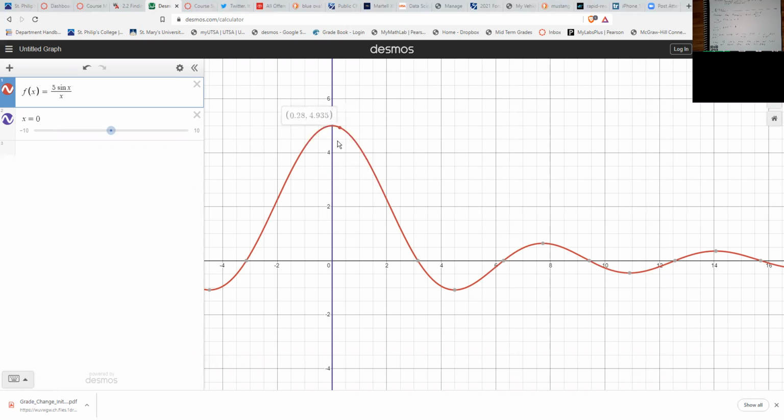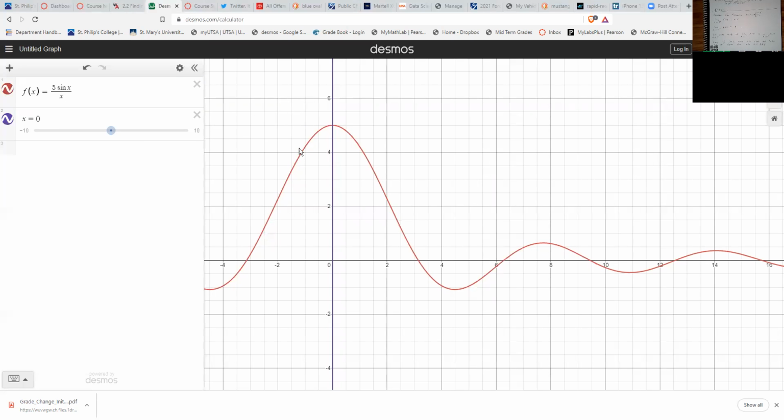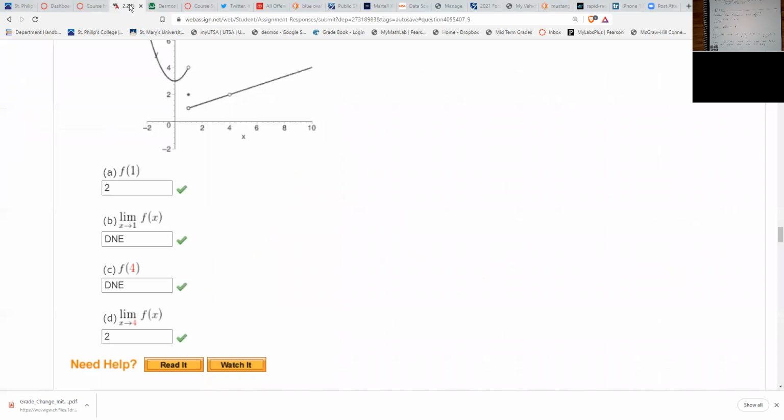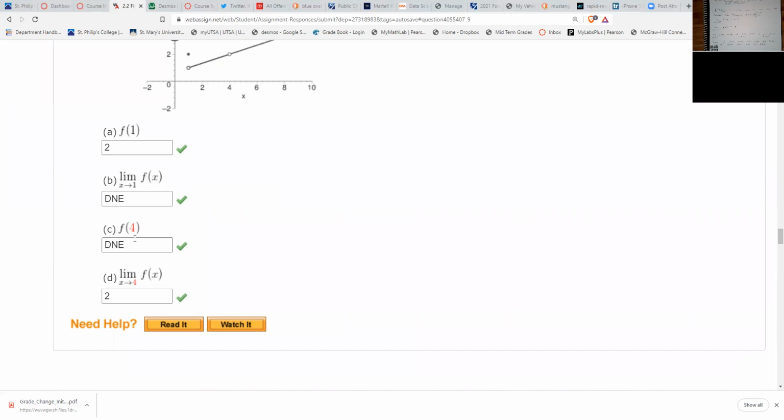But I can't plug it in. It is undefined because there's division by 0. Okay, that makes sense. So sometimes, depending on the graph, there might be a reason why I can't plug it in, but the limit may still exist. So you can still see what's happening. You just can't actually go there.